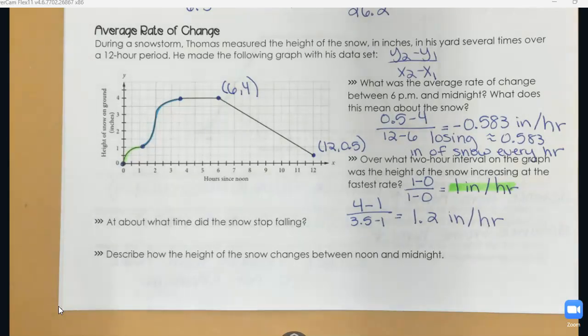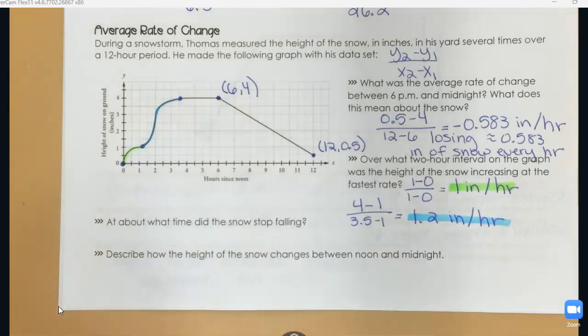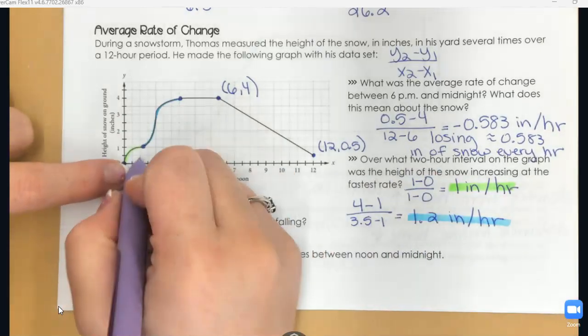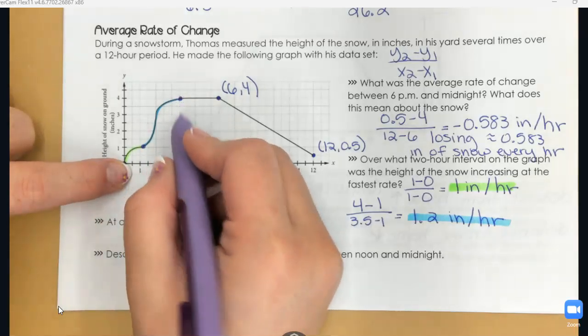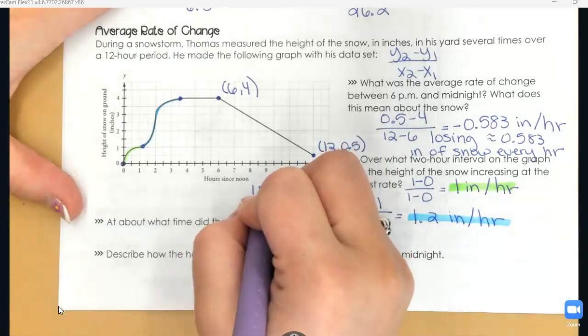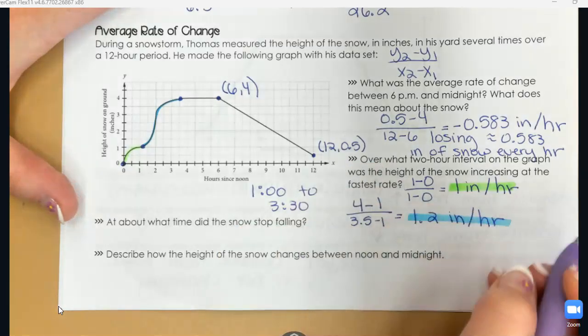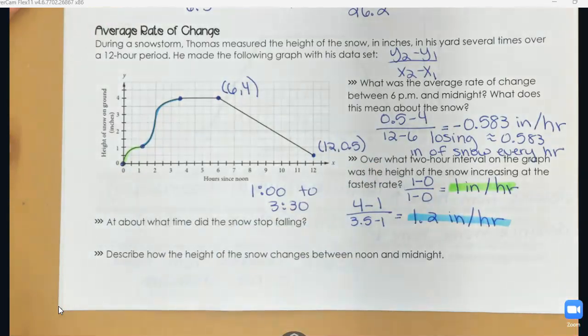And so they're both positive, so they're both increasing, but 1.2 is a greater rate than 1. So the interval where we are increasing at the fastest rate is from 1 p.m. to 3:30. So 1 o'clock to 3:30. Over that interval, I am increasing at the fastest rate.